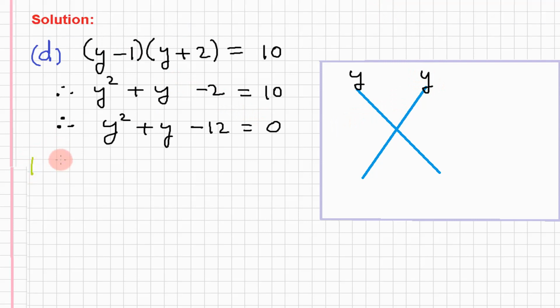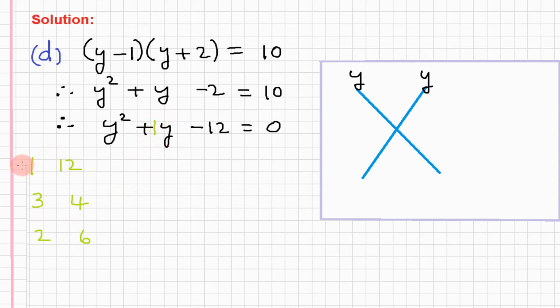So it's 1 and 12, 3 and 4, and 2 and 6. Of course, 1 and 12 won't work. Neither will 2 and 6. If you look at 3 and 4, we need a middle term of positive 1y. And the difference between 3 and 4 gives us 1.